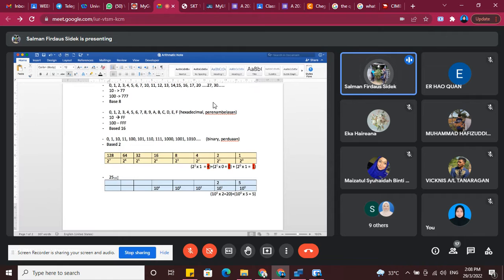Actually, we also have a sequence for base 10, which starts from 10 to the power of 0, which gives 1. Then 10 to the power of 1, which is 10, and then 100, 1000, and so on.